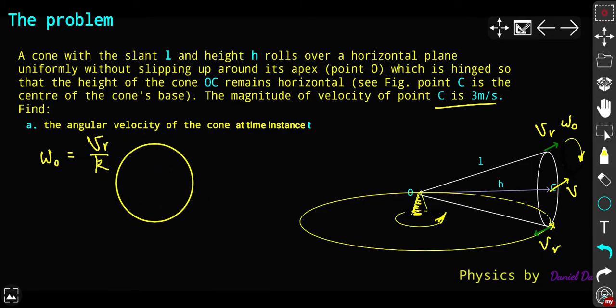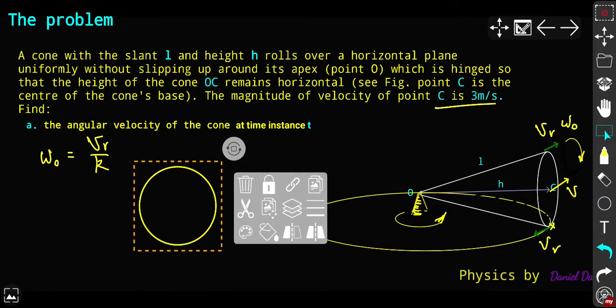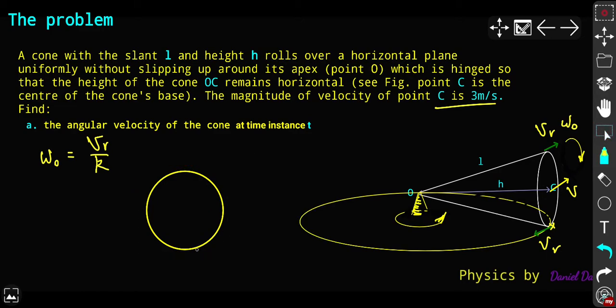Let's consider the cone base like that. Here we can take this point, no slipping. That means this point at any given time instance is staying in its place. So the resultant velocity distribution over time will be like that, because it's rolling, right?